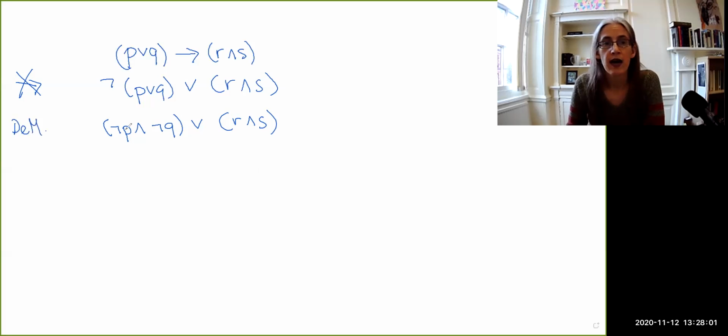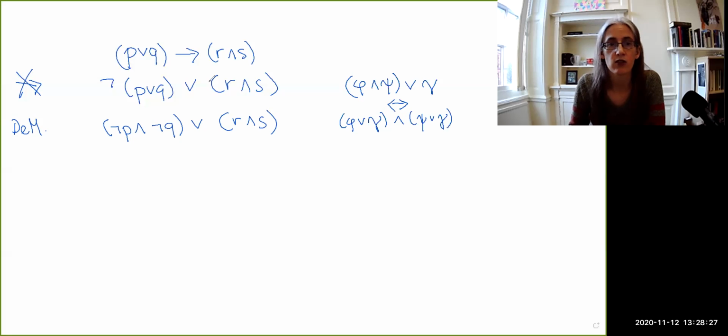Now we have a conjunction on this side and a disjunction as the main connective. So we are going to do the distribution of disjunction over conjunction. So I will again draw you the schematic form that phi and psi or gamma is equivalent to phi or gamma and psi or gamma.